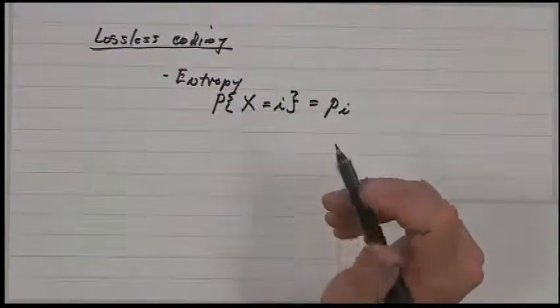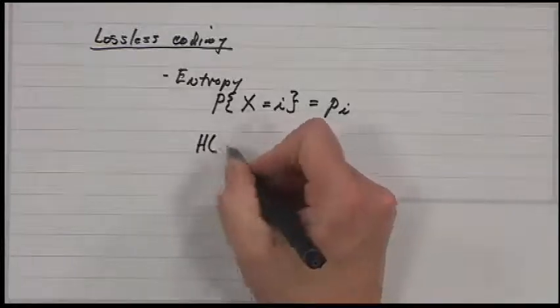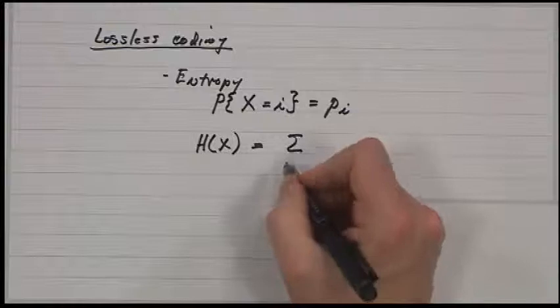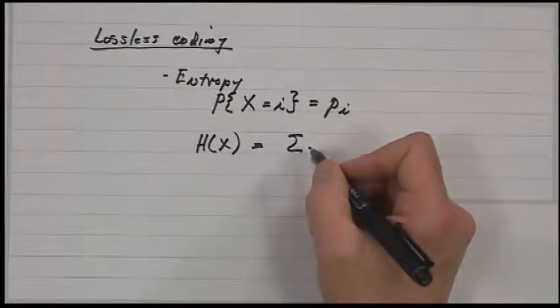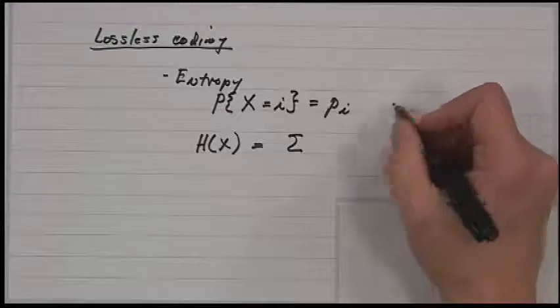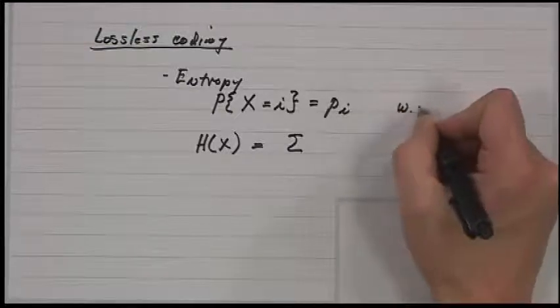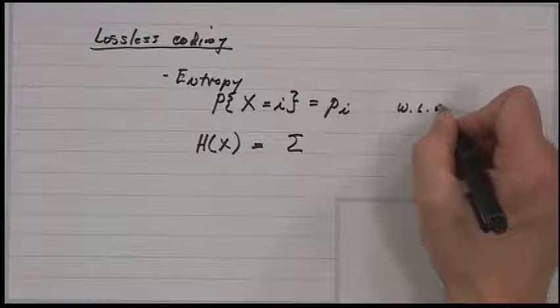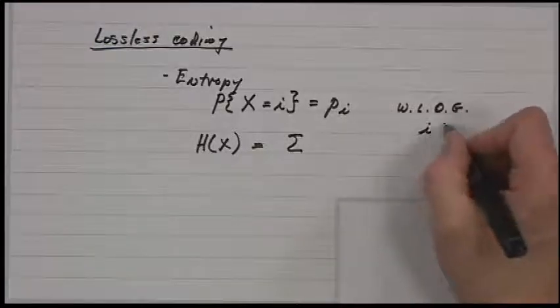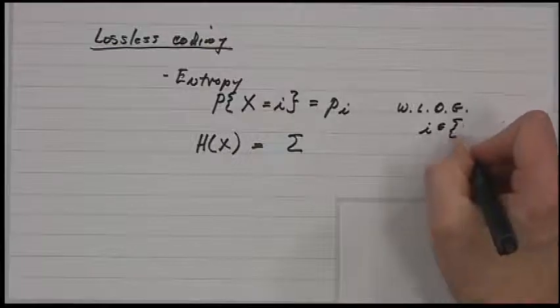And then in this case, the entropy of x is equal to the sum over, here I'm assuming without loss of much generality, i.